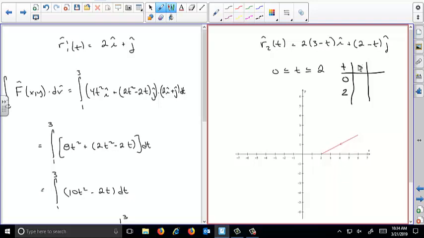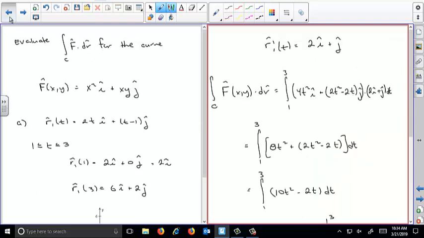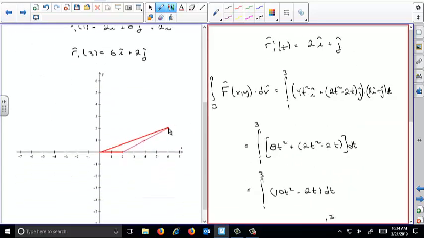And if I put x and y, x is going to be, at 0 you get 3 minus 0 is 3. 3 times 2 is 6. So you get 6. And you put 0 in there and you get 2. And that's my initial point, which was the final point from the past point thing there.